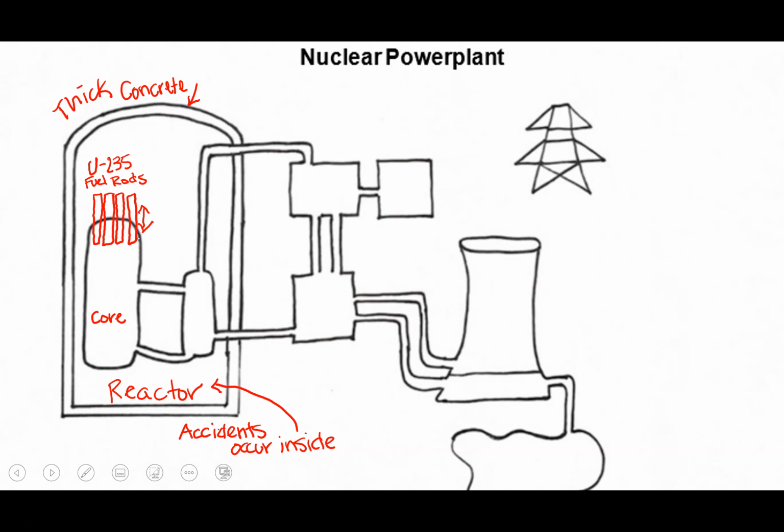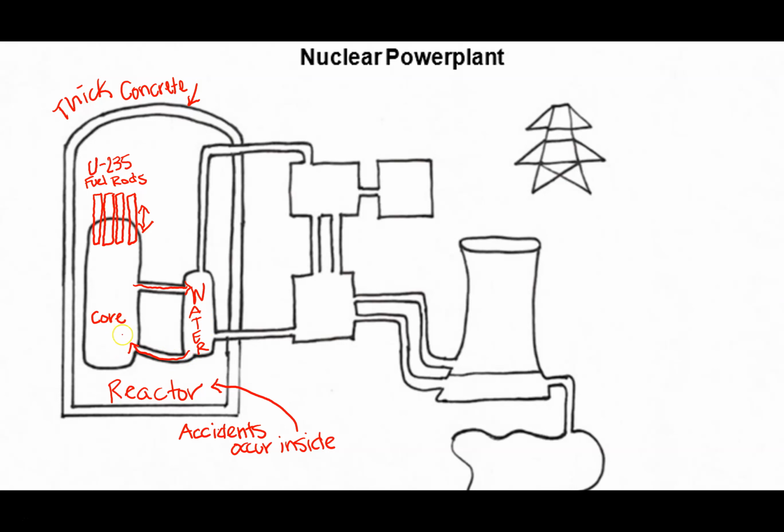Okay, so in here you have water, and water is circulated all the time through the core. So when this reaction is occurring in the fuel rods, an immense amount of heat is given off. I mean, a huge amount of heat. So when water comes through to the core, it's heated up by the fuel rods.